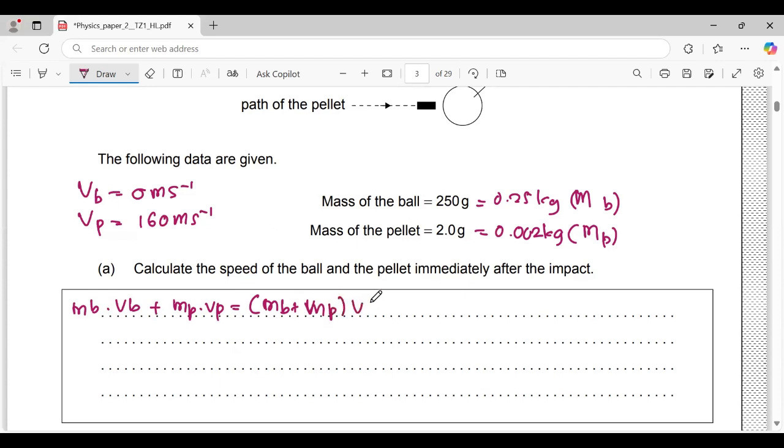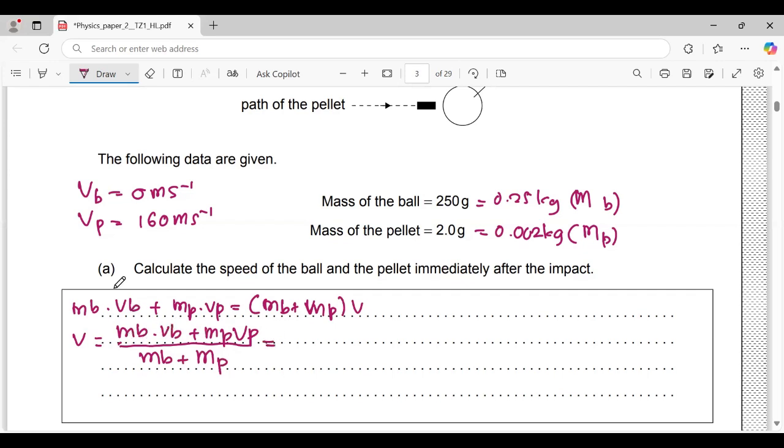V is the velocity after collision. Or we can arrange this formula with v as the subject. It becomes mb vb plus mp vp over mb plus mp.